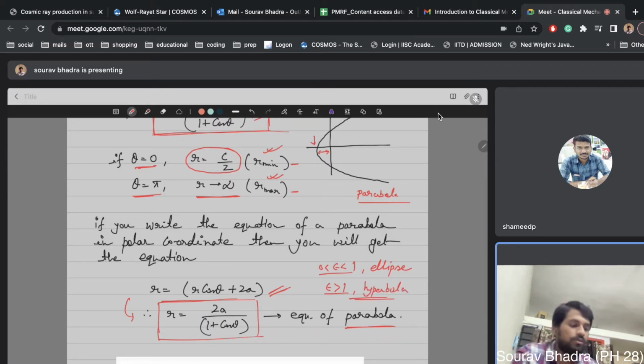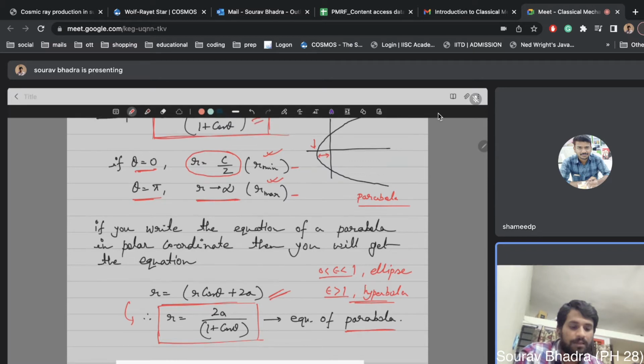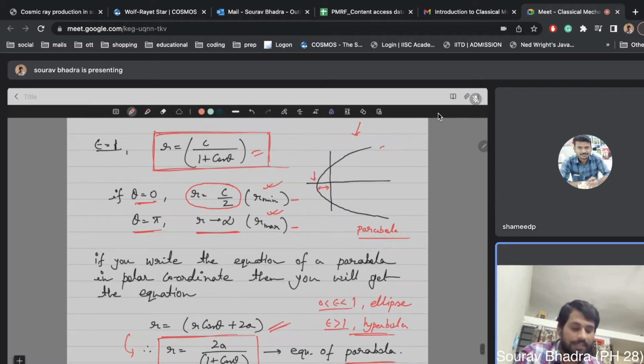Just do these two things, and also try to calculate the equation of an ellipse and a hyperbola in polar coordinates. Then you can compare your result with the expression which is already given in the equation. Just do these two things.